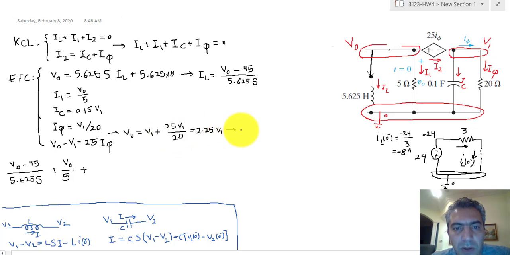So let me just rewrite quickly. So V1 is equal to V out divided by 2.25. So I'm going to use that and put it in here.